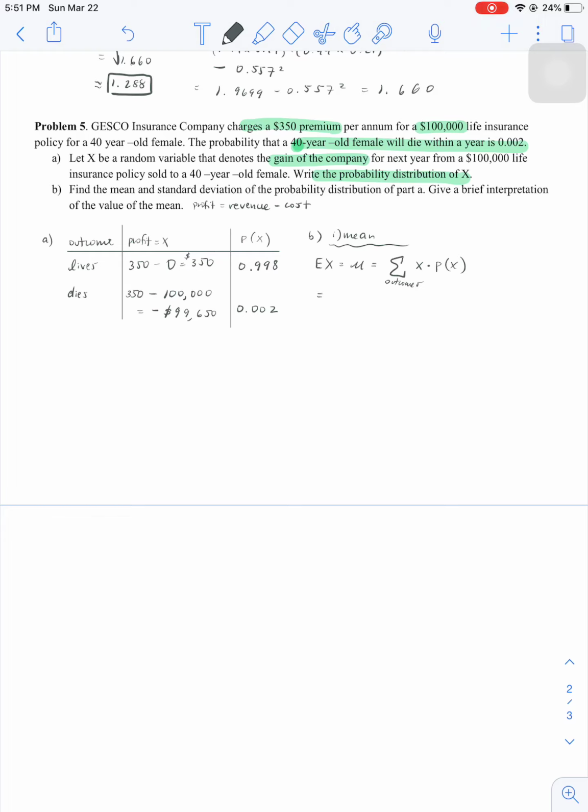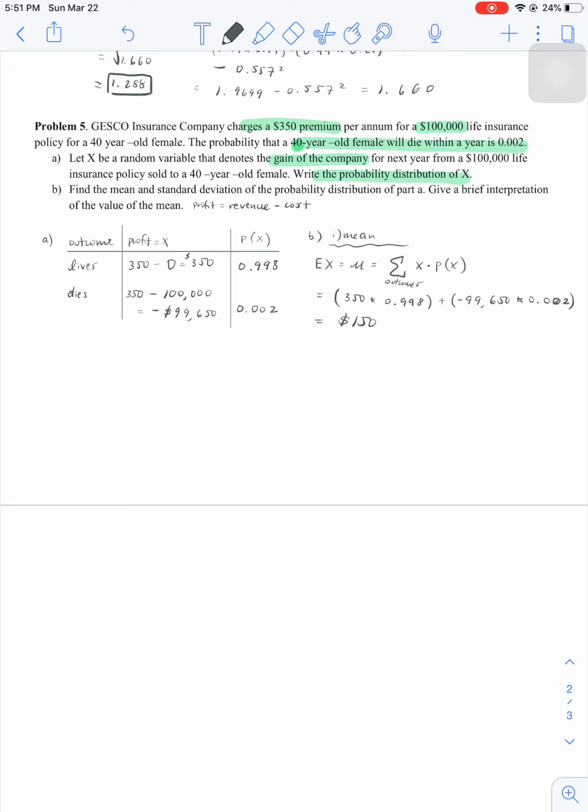So for us, we'll plug in using our table, our probability distribution from part A. So that'll be 350 times 0.998 plus negative 99,650 times 0.002. If you plug that all into your calculator, that will equal $150.